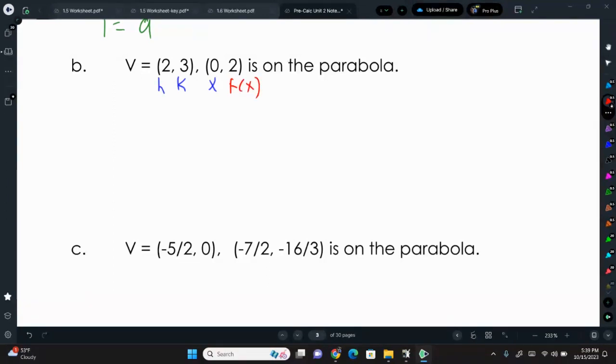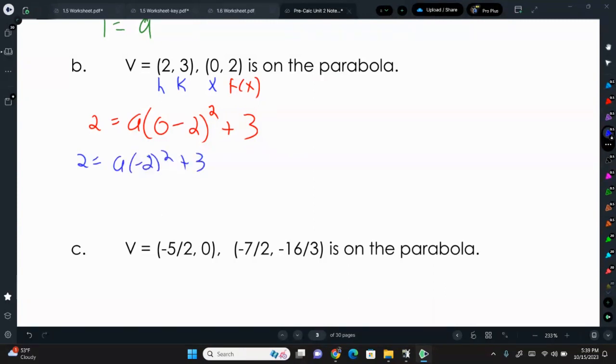And then letter B, we have our h, k, x, and y, or in this case, f of x. So 2 is equal to a, then we have 0 minus h, which is 2, squared, plus our k value, 3. So 2 equals a times negative 2 squared plus 3. And just like with the last problem, we'll subtract 3 from both sides.